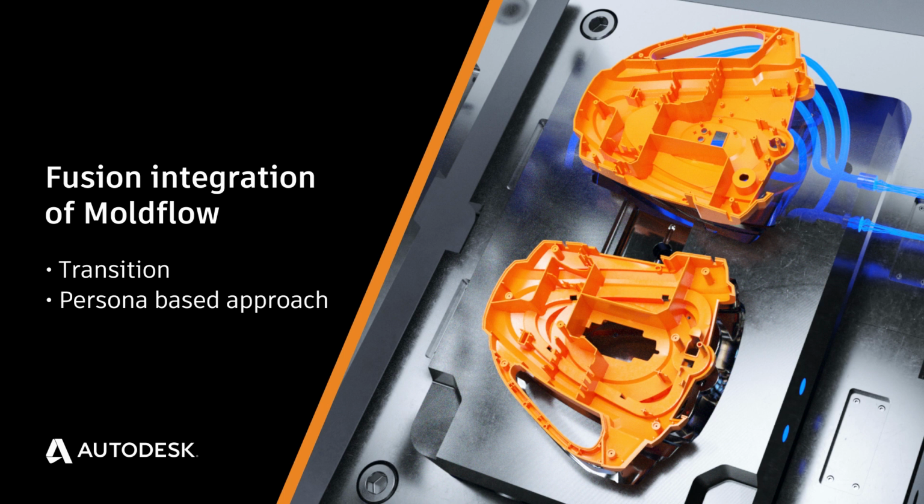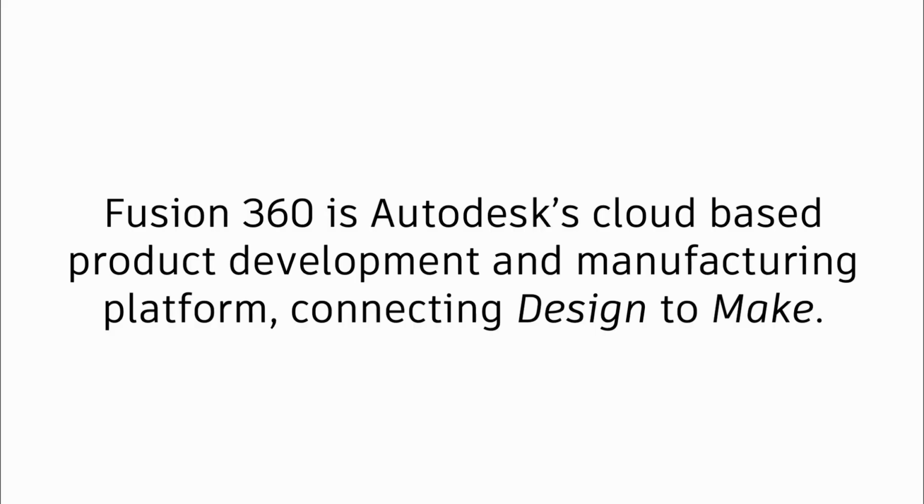Are there things we can do to make better decisions? One of the key things to understand is that Fusion 360 is a cloud-based product development and manufacturing platform connecting design to make. So the intent is to capture data that's not only residing on the design side, but also connecting it to the manufacturing technology and everything in the middle.